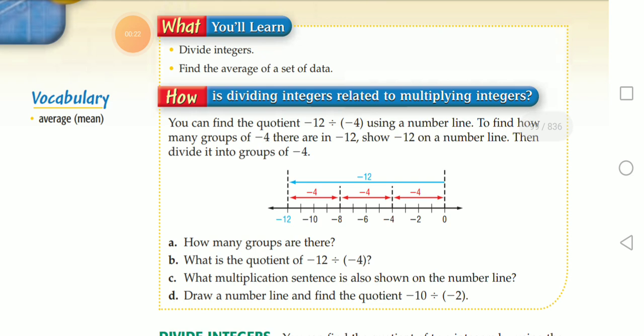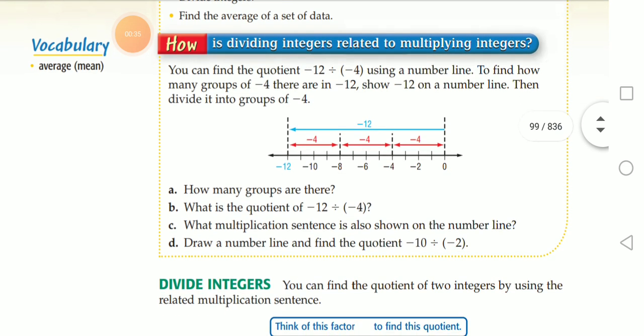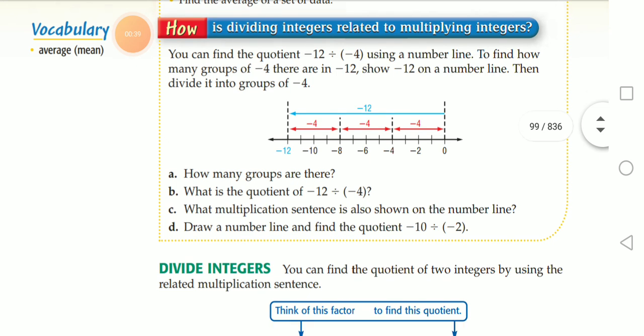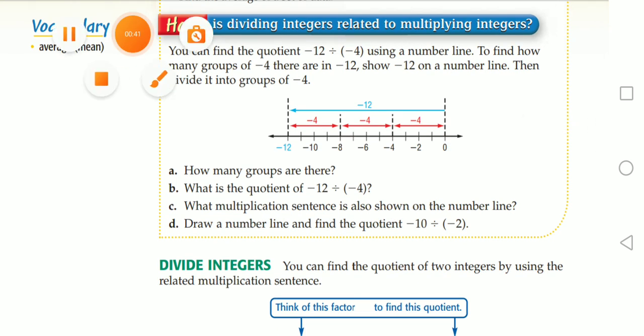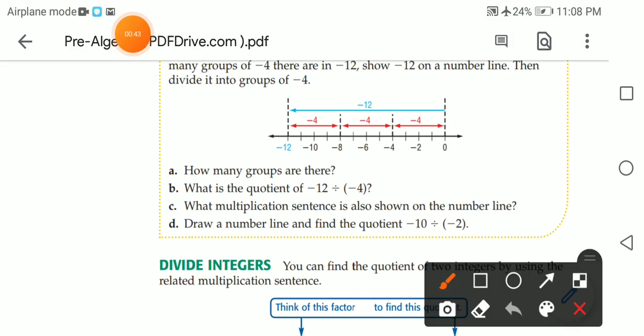You can find the quotient of negative 12 divided by negative 4 using a number line to find how many groups of negative 4 are in negative 12. Show negative 12 on a number line first, then divide it into groups of negative 4. From 0 to negative 12, I go to the left because it is negative.